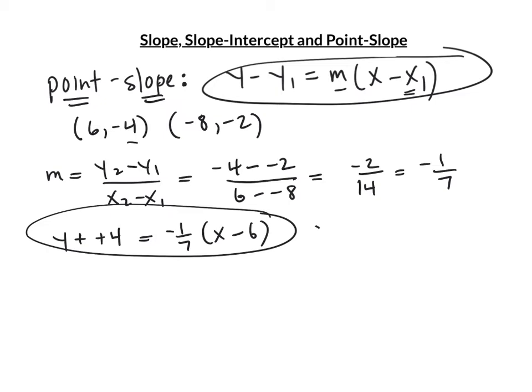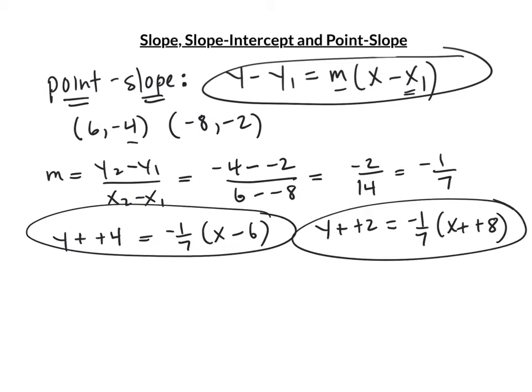Or we could say y minus -2 equals -1/7 times x minus -8. And those double negatives are going to make positives. So these are both correct answers. And if you put them in slope-intercept form, you'll see they're the same equation.